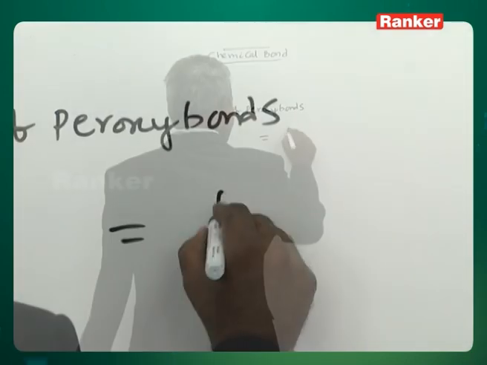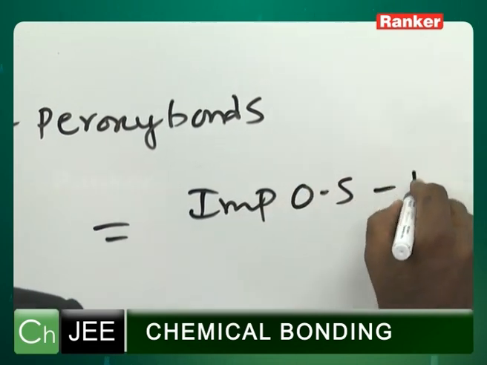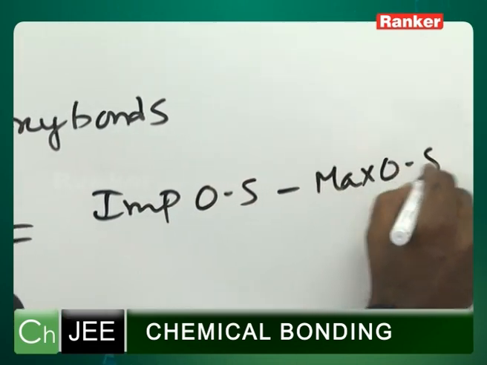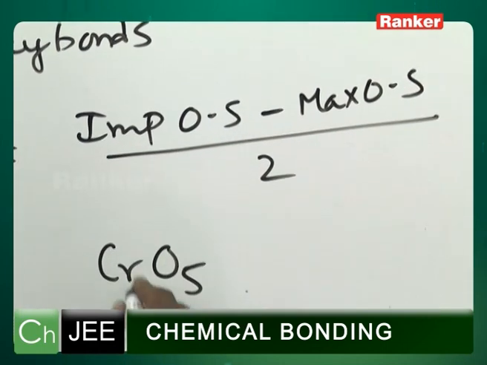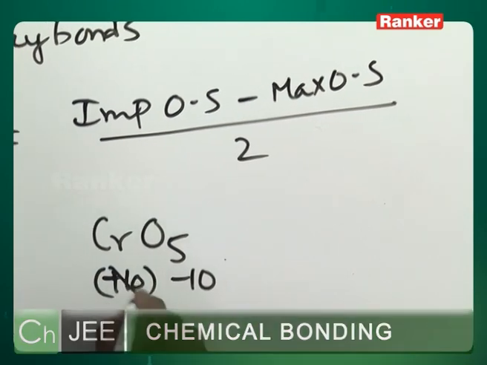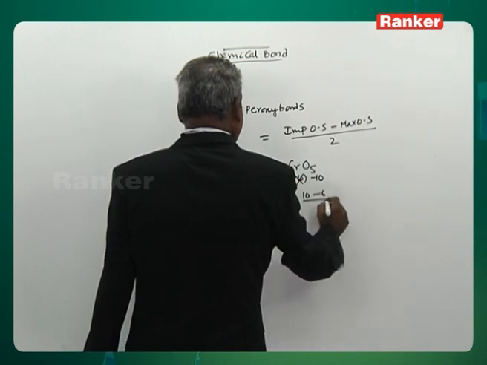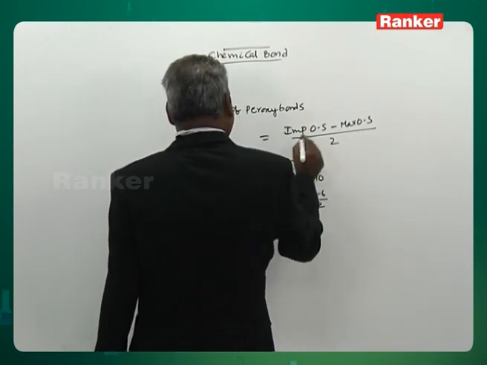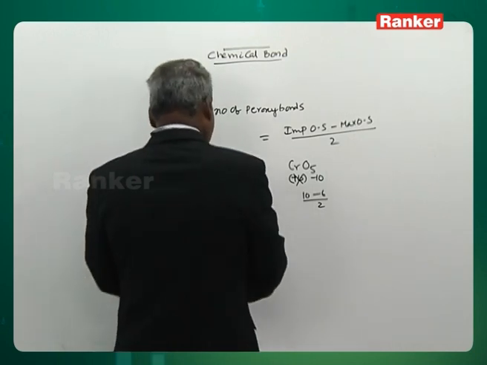That is, for CrO5 it is plus 10 minus 10; the impossible value is 10, the maximum is 6, so 10 minus 6 by 2. There are 2 peroxy bonds, that way you have 2 oxygen-oxygen single bonds.